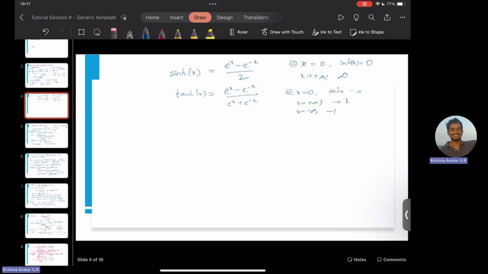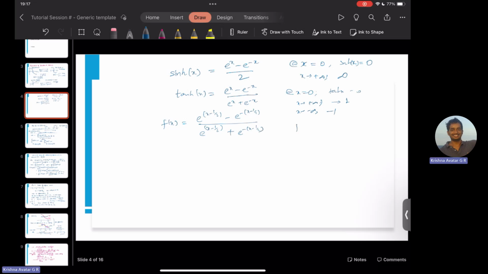To be able to center it, say tan of some function f of x, let's start with f of x. So we can have e to the power x minus half minus e to the power minus x minus half, over e to the power x minus half plus e to the power minus x minus half, right?